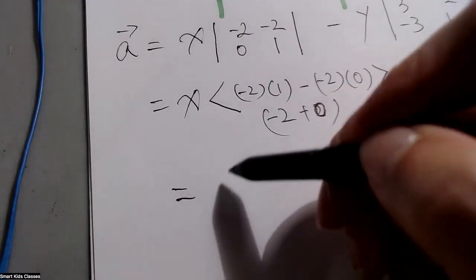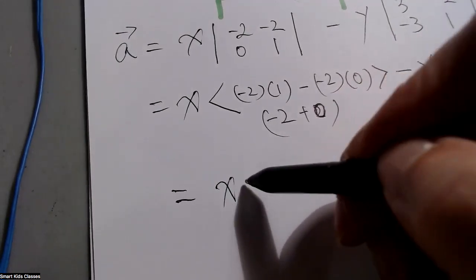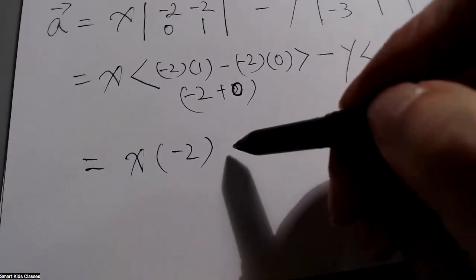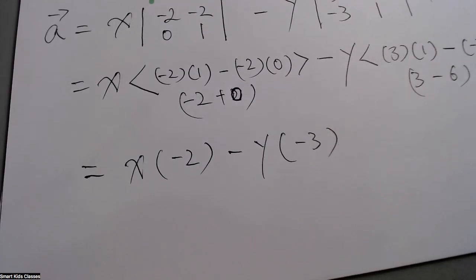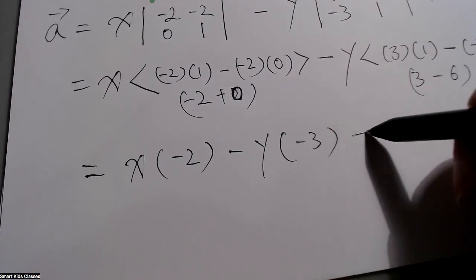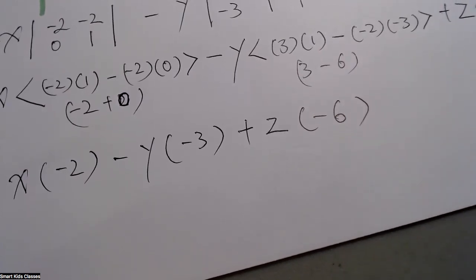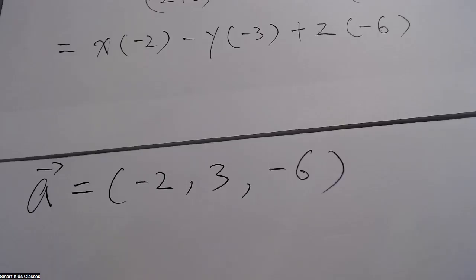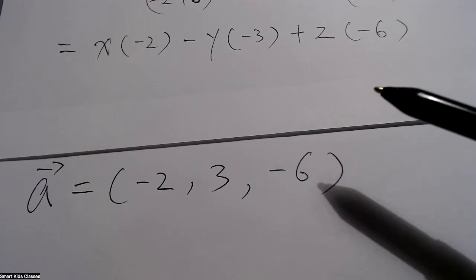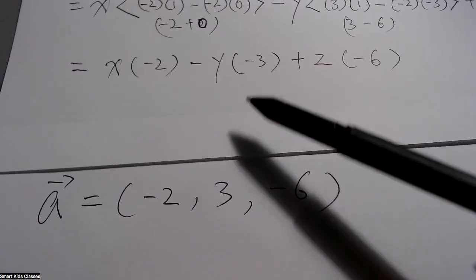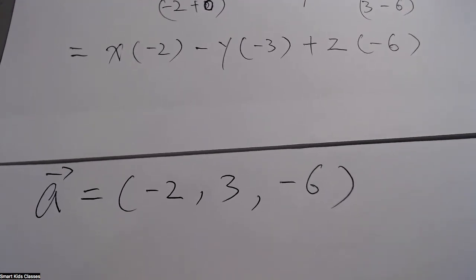For x, it's -2. Then for y, we're going to get -3. And for z, we're going to get -6. Now we write the answer of the cross product: it's -2, 3, and -6.